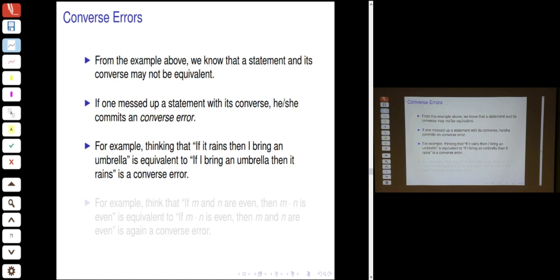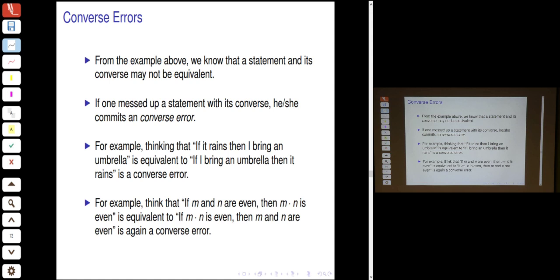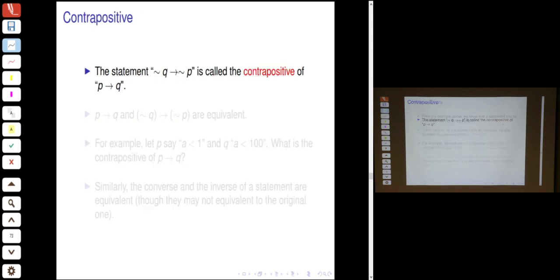The converse says, if I bring an umbrella, then it rains. Right? So are these two the same? If you think these two are the same, then you are committing a converse error. But these two are obviously not the same, right? And same, you can have a mathematical example. I guess I have to speed up a bit.